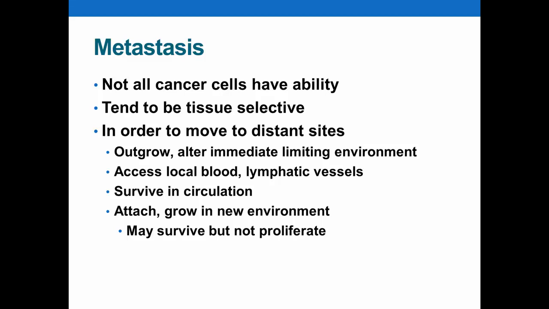When they do that, then once again, they're waiting for the environment. They're waiting for optimal conditions. So even though a cell may actually move to a new area, it may be able to support its limited growth in that area. It may not be able to undergo rapid proliferation and cause a second cancer site of metastasis.